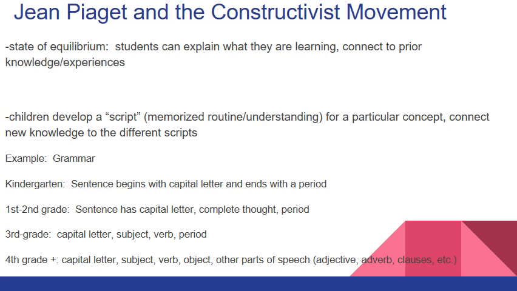Then, after you have determined that it's a complete thought, it has that subject and verb, then you put a period at the end of the sentence. And in fourth grade, your teachers expanded on that knowledge, not only connecting to your prior knowledge of capital letter, subject, verb, and period, but they then started to introduce new knowledge such as other parts of speech like adjectives, adverbs, clauses, etc.